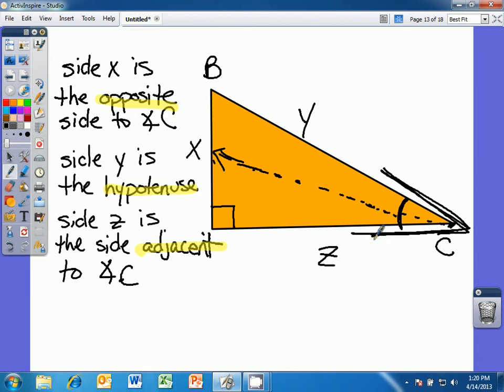So side Y is the hypotenuse, therefore side Z that's helping form angle C is considered the adjacent side.